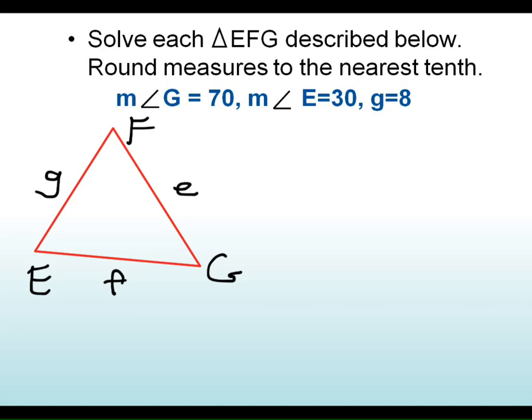It gives me angle G is 70, angle E is 30, and side G is 8. So I'm going to replace this with 8. I need to solve this triangle. So that means I have to find side E, I have to find side F, and I have to find capital F. Okay, so I'm missing 3 pieces.